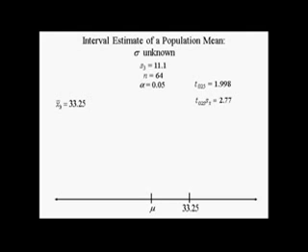The upper endpoint of this third interval estimate equals the third sample mean of 33.25 plus the third estimated margin of error of 2.77, which equals 36.02. The lower endpoint of this interval estimate equals the third X bar of 33.25 minus the third estimated margin of error of 2.77, which equals 30.48.